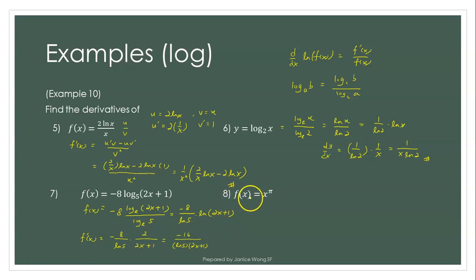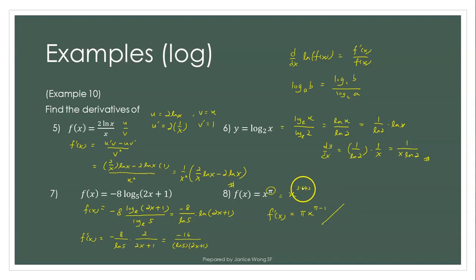Number 8, f(x) equals x to the power of pi. This is not an exponential term because the power is not an x term. The power is a number, so it is just like x to the power of 3.142. When we differentiate, this is just the normal x term where we follow the rule, bring the power down, power minus 1.